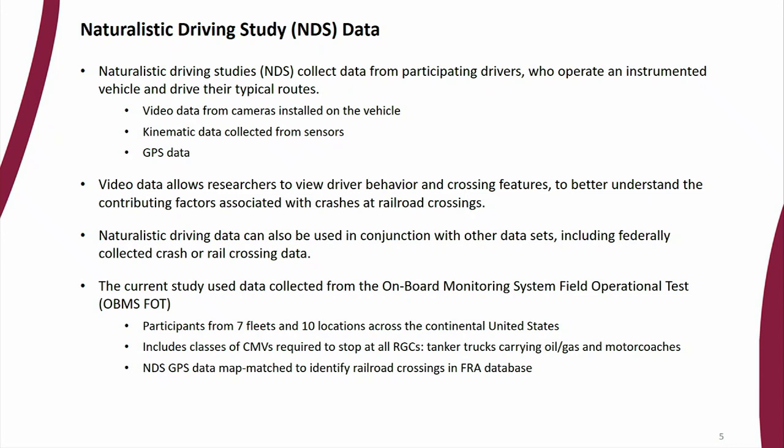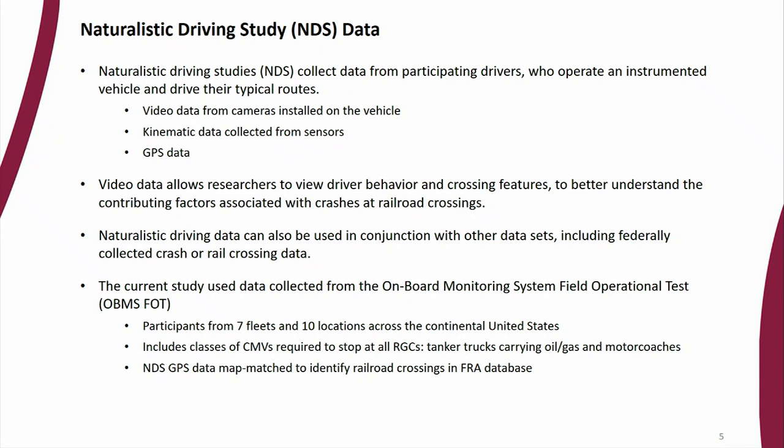We install the system and then we go away for a few months and come back and collect the data. And the goal there is to collect video data and kinematic data as these drives are actually happening. We collect GPS data, and it's an enormous amount of data that's collected that way, since the video and sensor data begins when the vehicle is turned on and continues until the vehicle is ignition off.